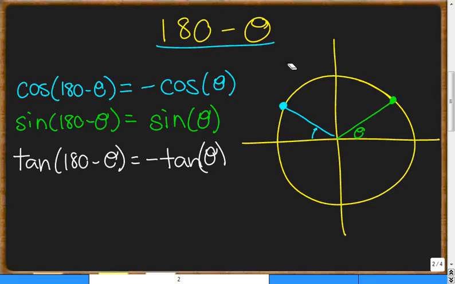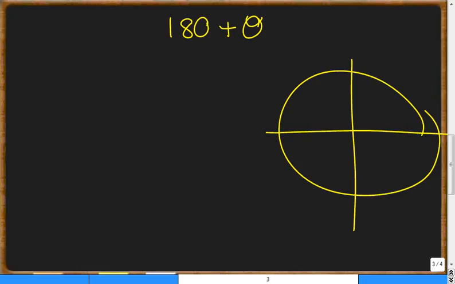So now let's look at a different place. What if we did 180 plus theta? Think about what 180 plus theta means. That means that we are actually on the other side of the circle completely. We've gone 180 degrees all the way over here. So we're all the way on the other side.